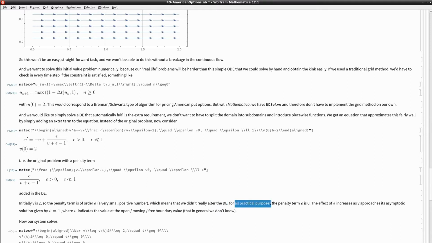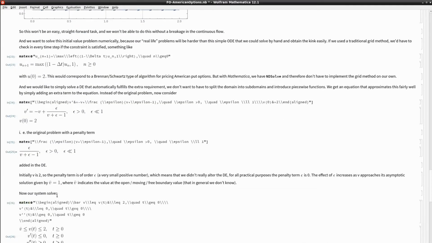For all practical purposes, the penalty term epsilon is 0. But the effect of epsilon increases as v approaches the asymptotic solution given by v bar equals 1. And I'm now using v bar to indicate the value of the open or moving or free boundary value. In general, we don't know it, so I just give it a variable name. I call it v bar.